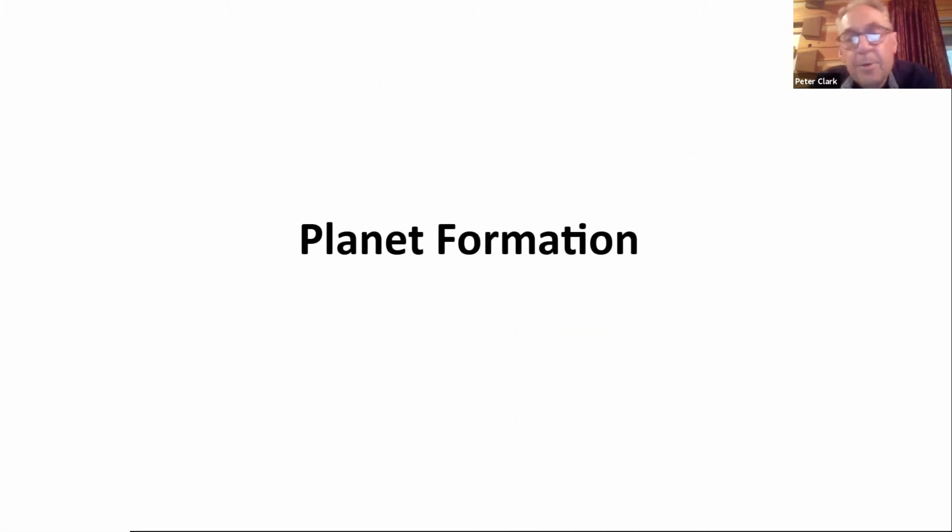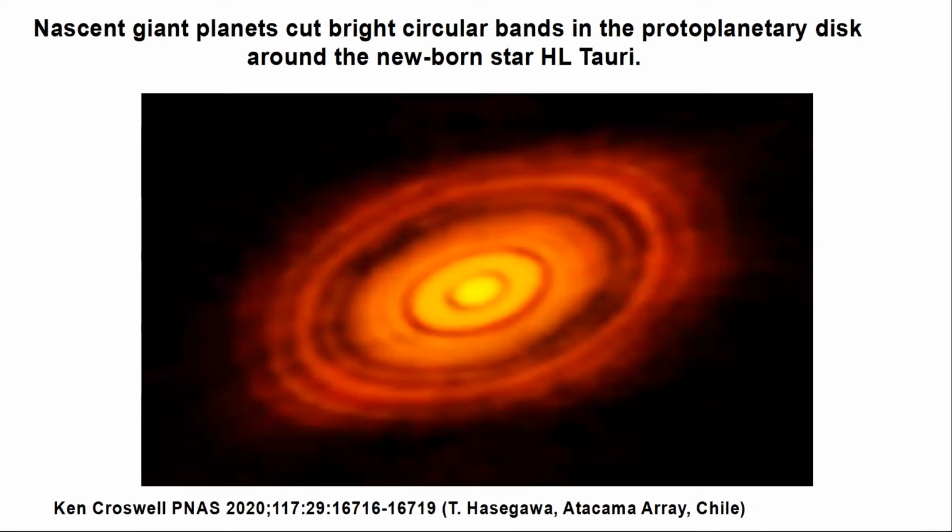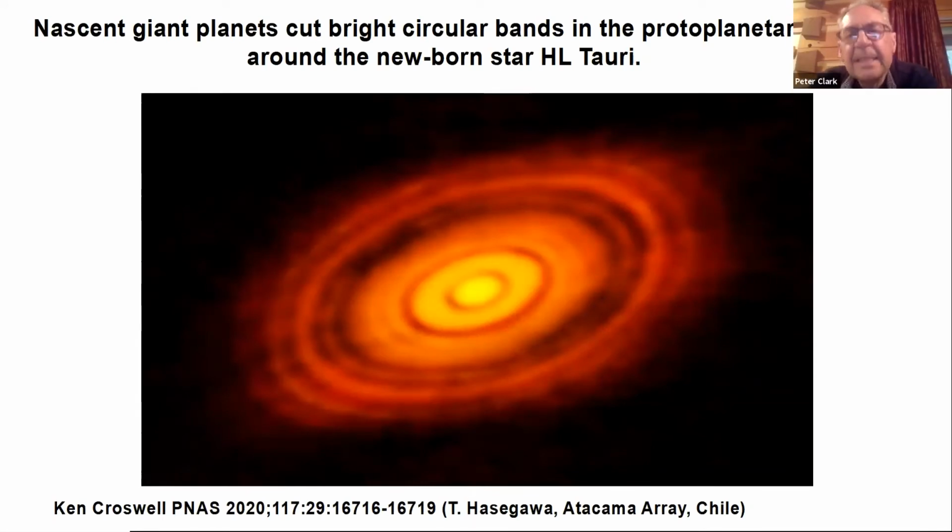So I'm going to move on to planet formation. Next slide. This is an amazing image, and this is of a star, HL Tauri, a forming solar system around a star.